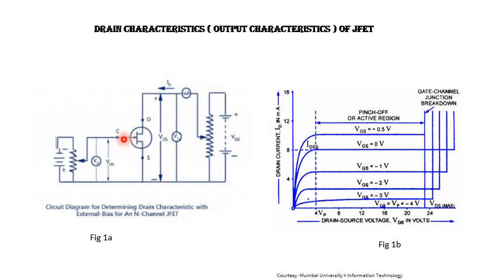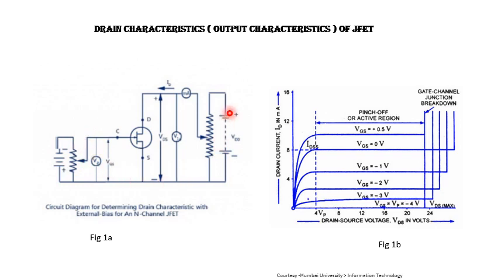In order to bias the gate and source junction in reverse mode, we have to connect the gate to the negative terminal of the battery and source to the positive terminal of the battery. So this is the reverse biasing of gate and source junction.